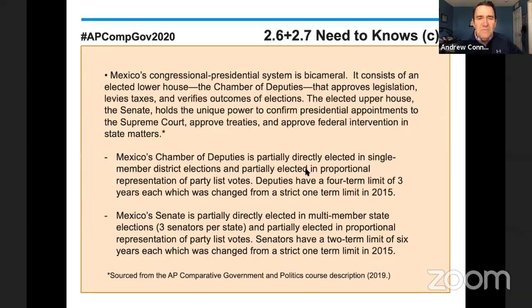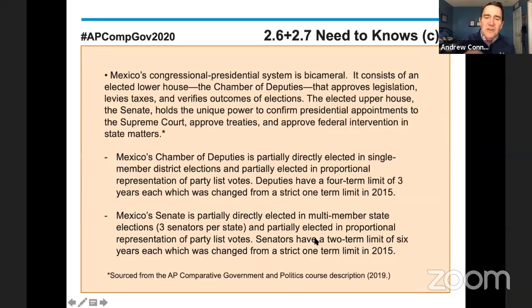There's a hybrid system in the Chamber of Deputies where part of the Chamber is directly elected in single member districts. And the other part win their seats through proportional representation, or what we call party list votes. If those are terms that are unfamiliar to you, we'll see more of them in Unit 4. But there are term limits in Mexico, and there are elections on how you get both to the Chamber of Deputies and also Mexico's upper chamber, the Senate.